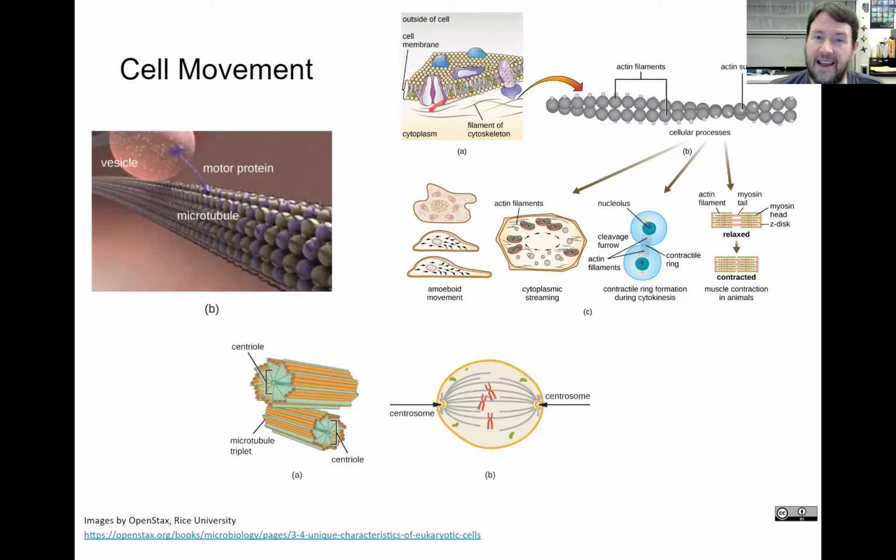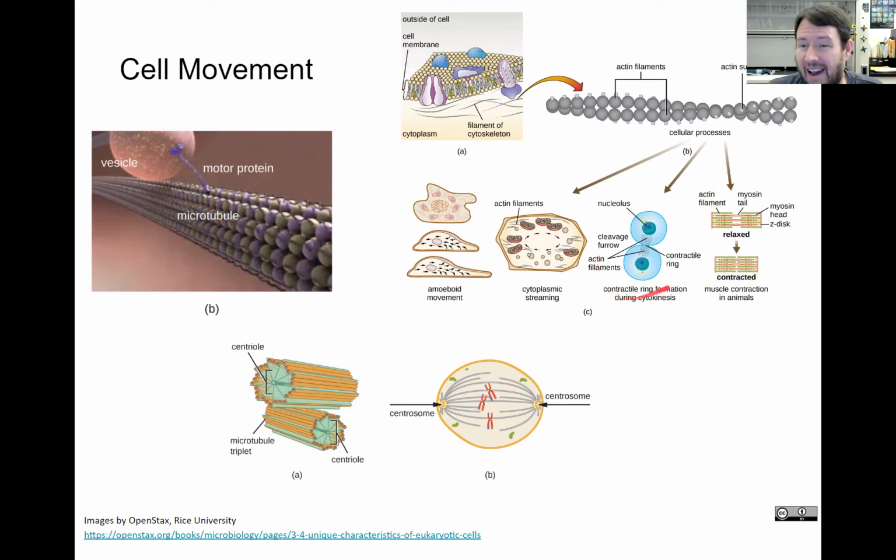So like on the inside of the plasma membrane, we have filaments of the cytoskeleton. We can have motor proteins that transport these vesicles along microtubules. So like these little highways and little trucks can move along those highways. And we have those muscle cell contractions over here.